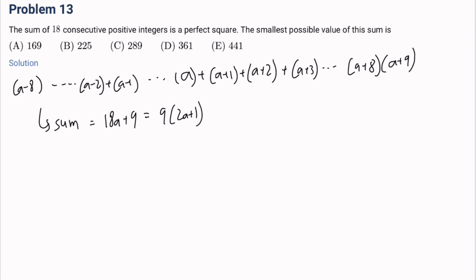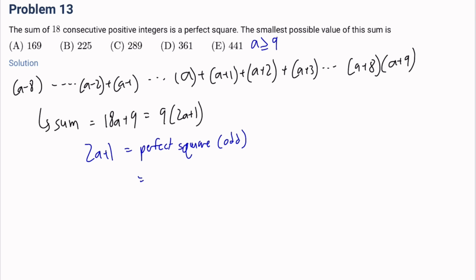But then since a minus 8 should be a positive integer, that means a is greater than or equal to 9, right? Since the whole thing is a perfect square and 9 is also a perfect square, that means 2a plus 1 must also be a perfect square. So 2a plus 1 equals a perfect square, right? But then since this is an odd number, this means this is a perfect square, but it's odd.